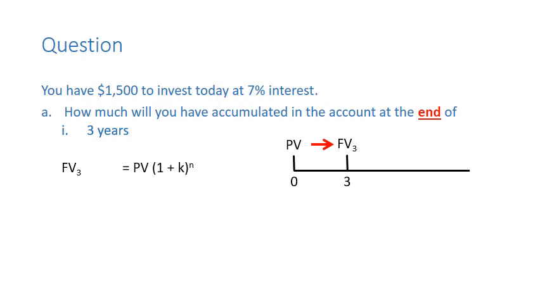The formula is FV equals present value times (1 plus K) to the power n. Substituting figures, it is 1.5K times (1 plus 0.07) to the power 3. You work it out, your answer will be 1837.56.